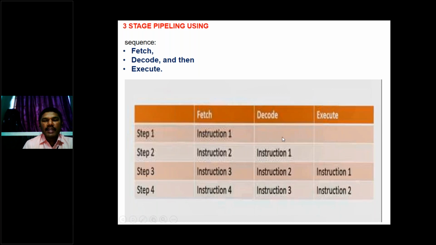At that point of time, no instruction is decoding and no instruction is executing. In the next step, for one more clock, my first instruction is decoding and the second instruction is being fetched. In step 3, I am fetching instruction 3, decoding instruction 2, and executing instruction 1.